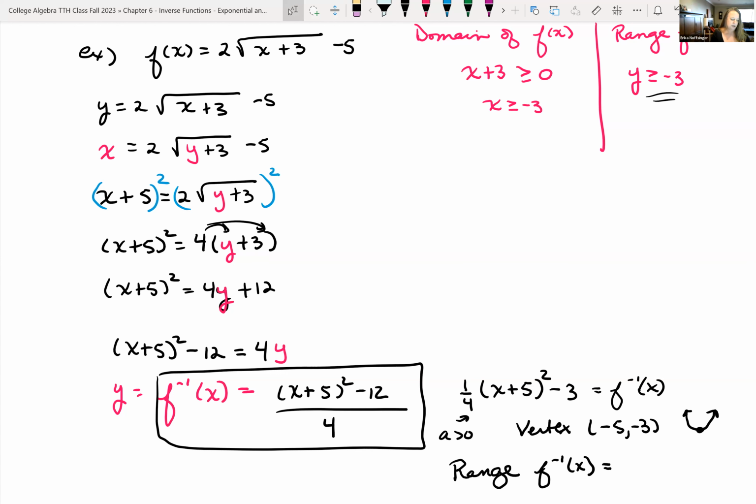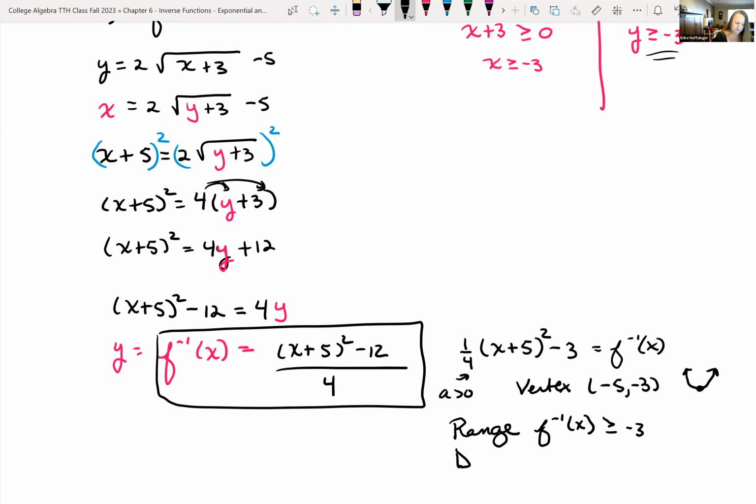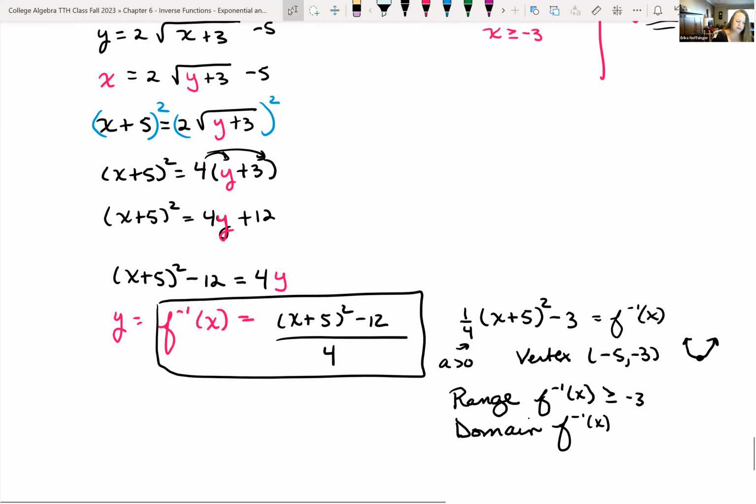Nope. So in here, my range is y is greater than or equal to -3. My domain, it's a quadratic. My domain of my inverse function is all real numbers.